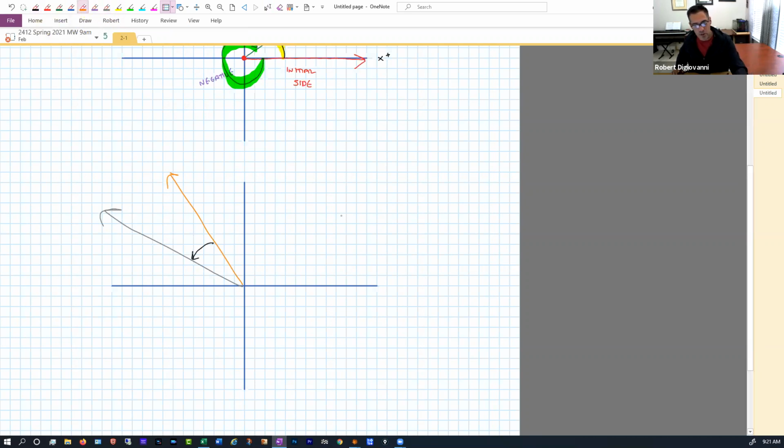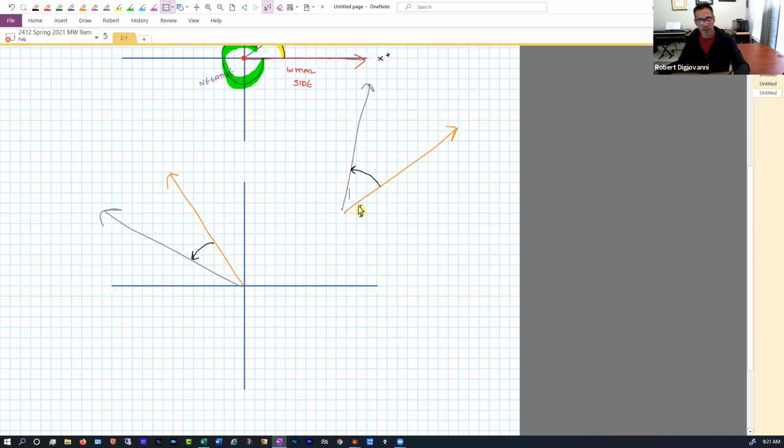But then someone else could have drawn it like this. Even though these two angles are positive, and even though they are exactly the same, they're not positioned in the same place. So they look completely different, but they're not.